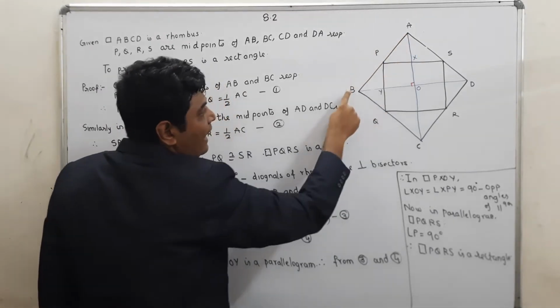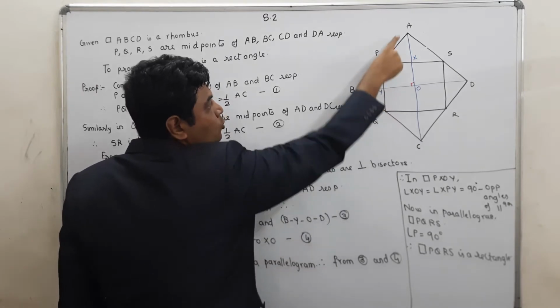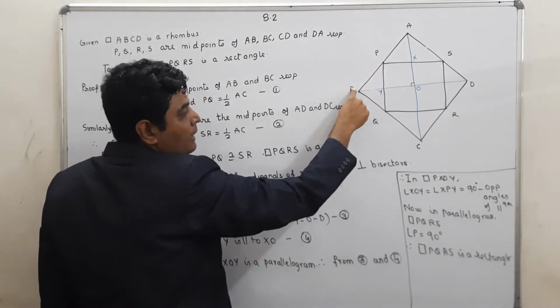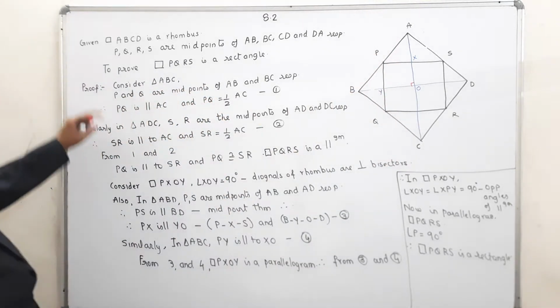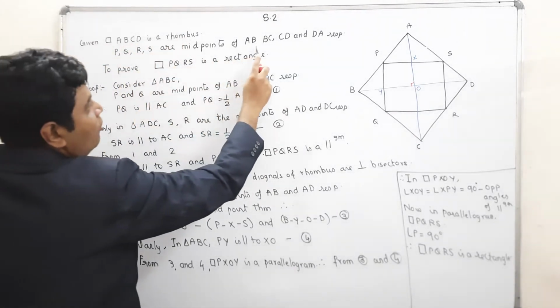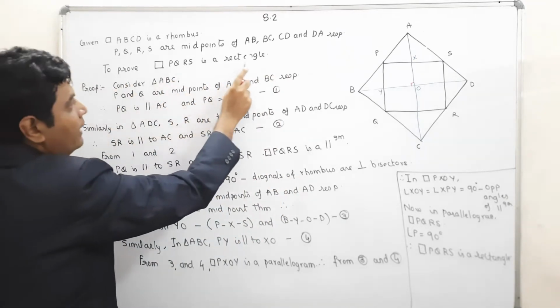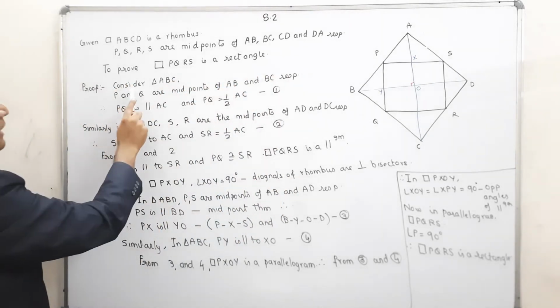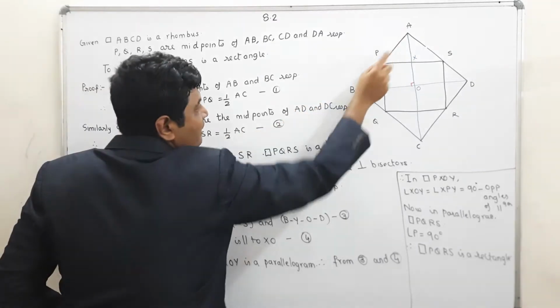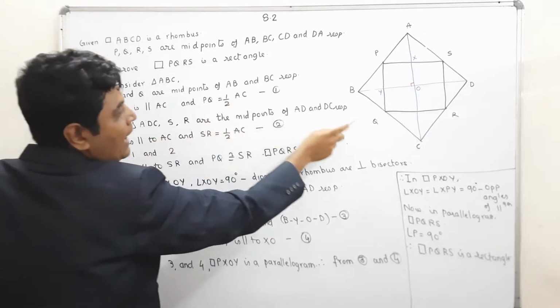I will consider triangle ABC. In triangle ABC, can I say P and Q are the midpoints of AB and BC respectively? So what is given here? ABCD is a rhombus. PQRS are the midpoints of AB, BC, CD and DA respectively. To prove quadrilateral PQRS is a rectangle, consider triangle ABC. P and Q are the midpoints of AB and BC respectively.